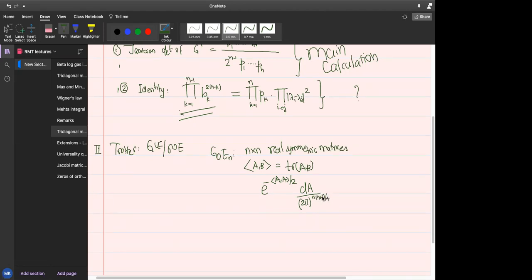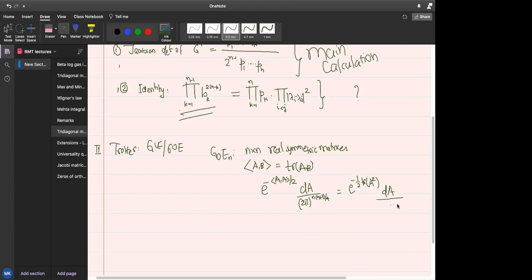So the dimension of this space is n into n plus 1 by 2. A matrix chosen from this measure is what is called a GOE random matrix. So it is e to the minus 1/2 trace of A squared, with the constants. So this is the GOE matrix.